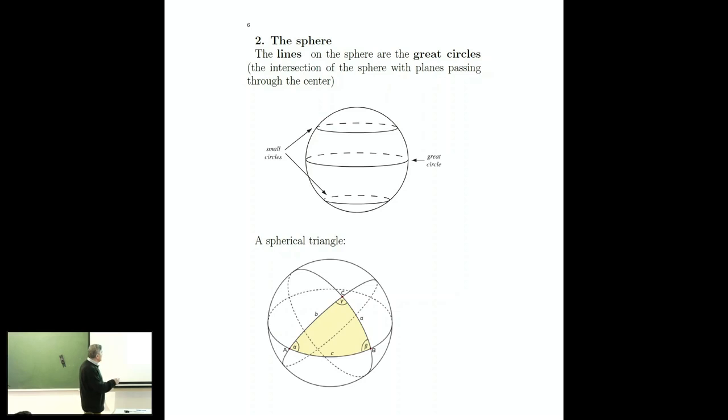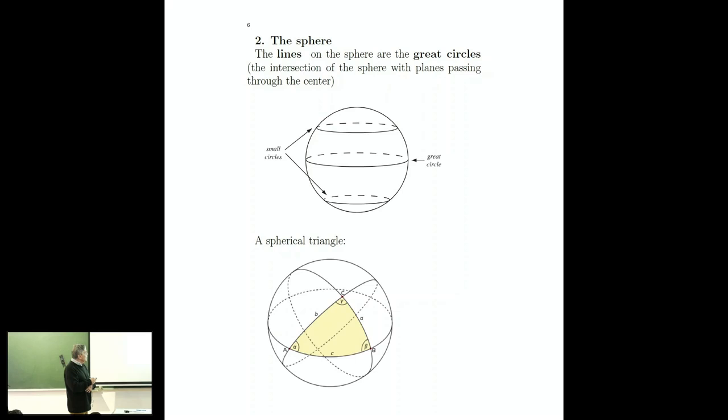Consider this spherical triangle with 3 right angles. Now I want to answer my question about the 3 altitudes meeting in a unique point. So for this triangle, I start from this point.